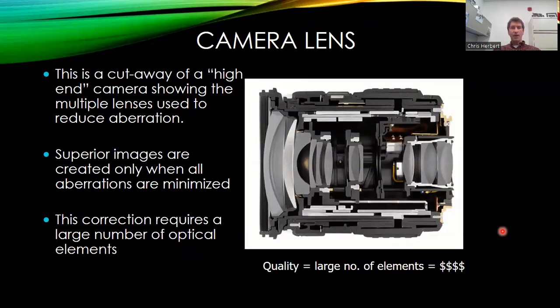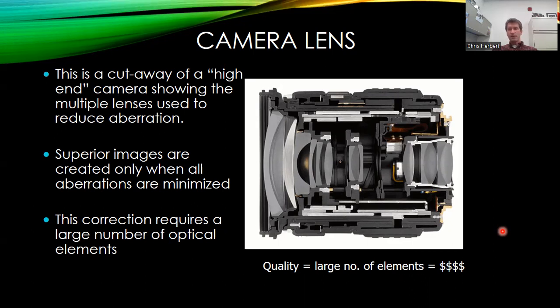Look at this cutaway of a camera lens. When we're taking a picture of something, a really high quality photograph requires a nearly perfect image to form on whatever medium that we're focusing it on. Maybe it's film, maybe it's a CCD, but we want as perfect of an image as possible.